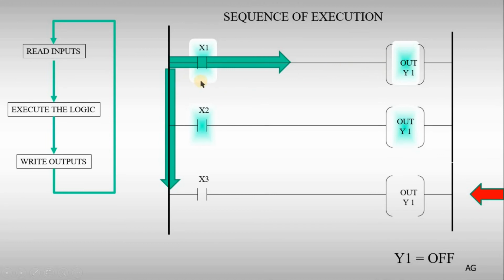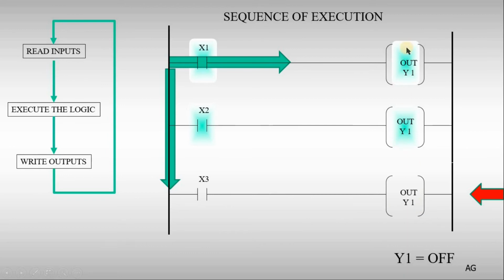X1 is on, so Y1 is on. X2 is on, and the PLC updates Y1 as on again. Now X3 is off, so Y1 will be off. So at the end, when the PLC ends all the execution, this will always be the Y1 status.